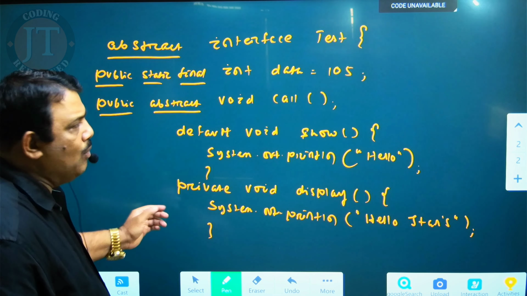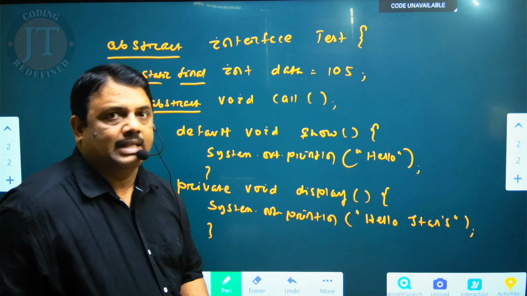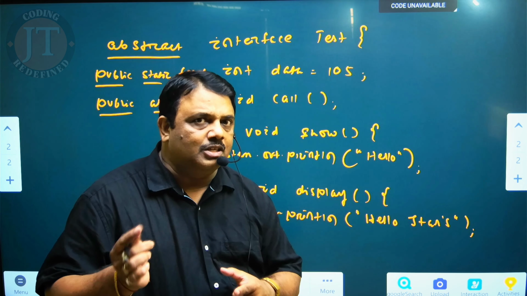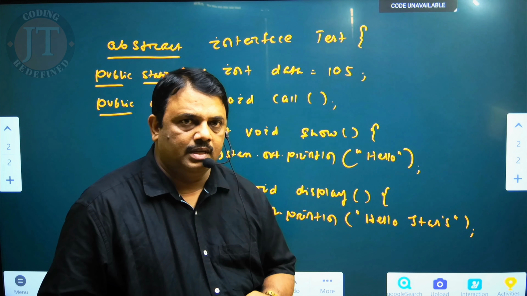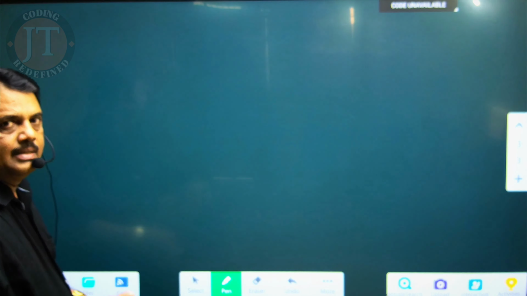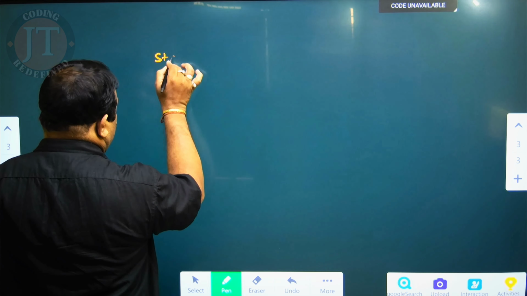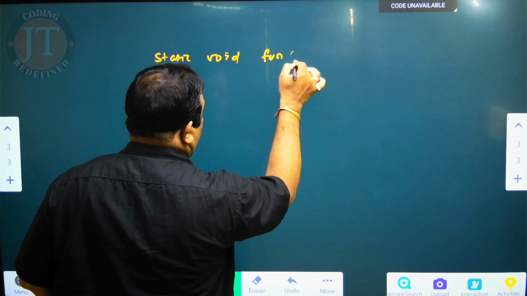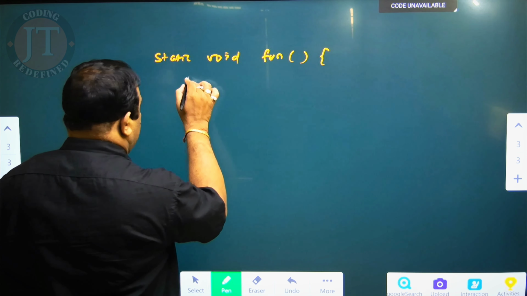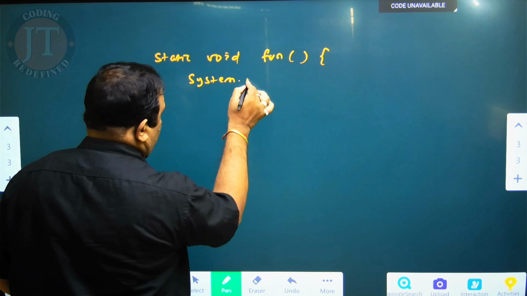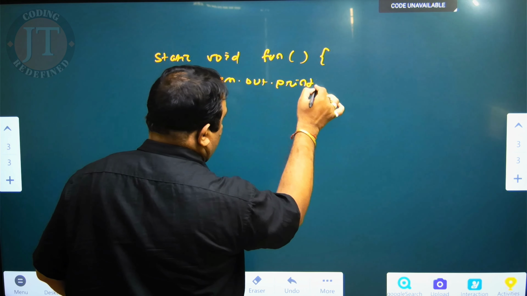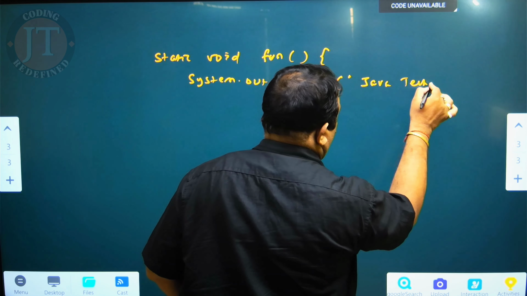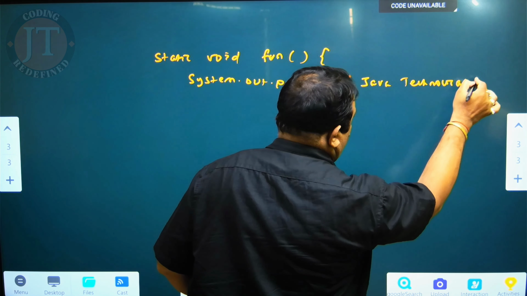Beyond the characteristics already available, I can define static void fun, and within it I write System.out.println Java Technocrat.